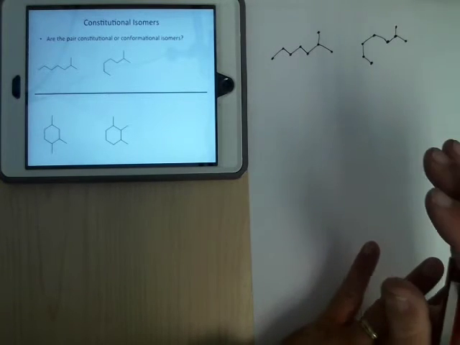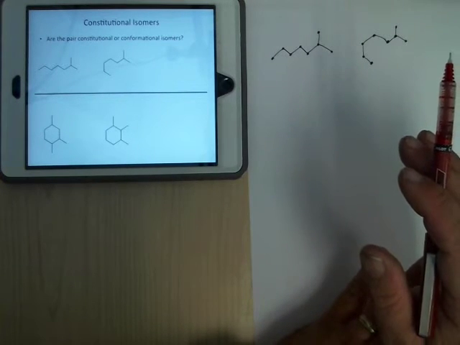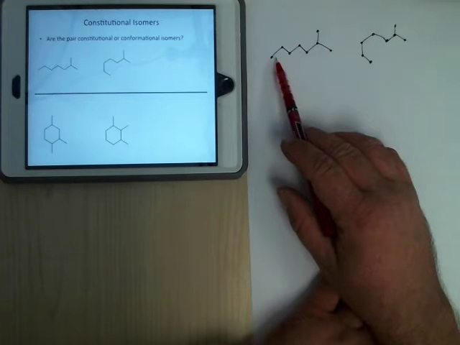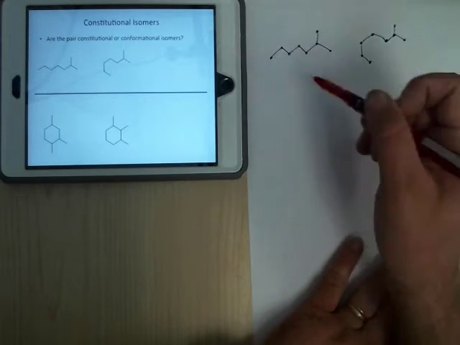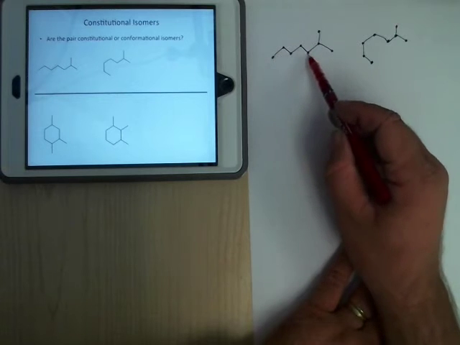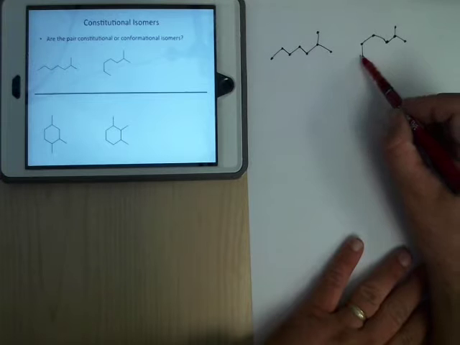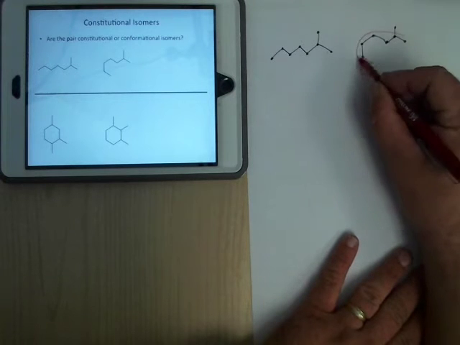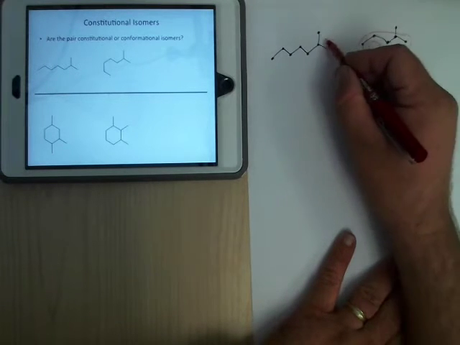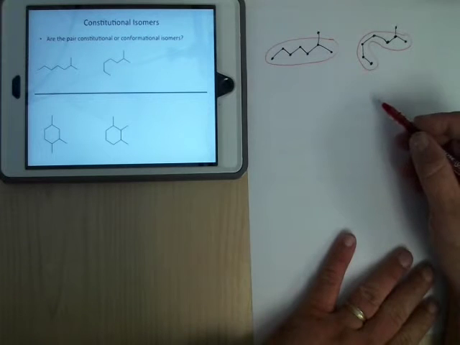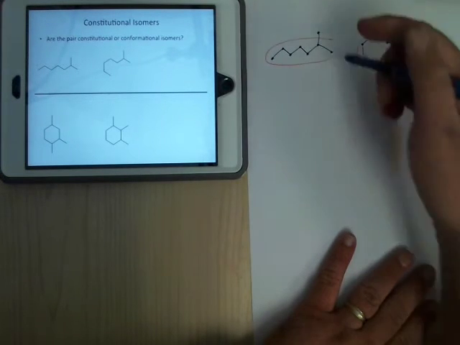Now we're going to find the same. We find the longest chain: 1, 2, 3, 4, 5, 6, 7, and 1, 2, 3, 4, 5, 6, 7. So it doesn't really matter. Now they both have a methyl group.